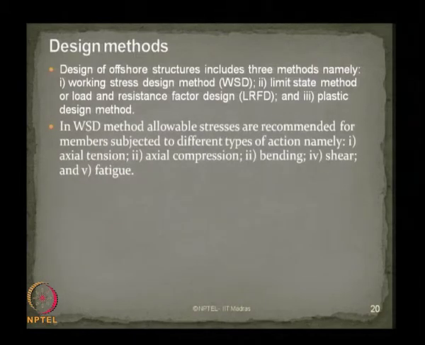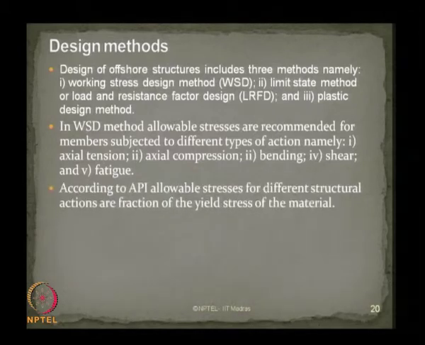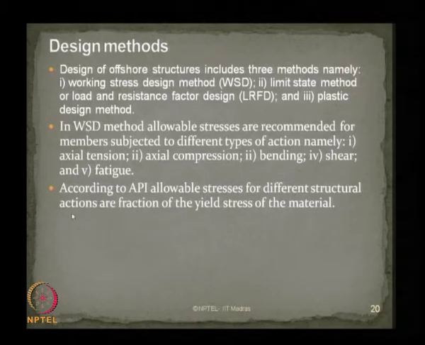In the working stress design method, allowable stresses are generally recommended for the members subjected to different combinations of forces acting on the member, namely tension, compression, bending, shear and fatigue. According to American Petroleum Institute codal provisions, the allowable stresses for different structural actions are a fraction of the yield stress of the material.